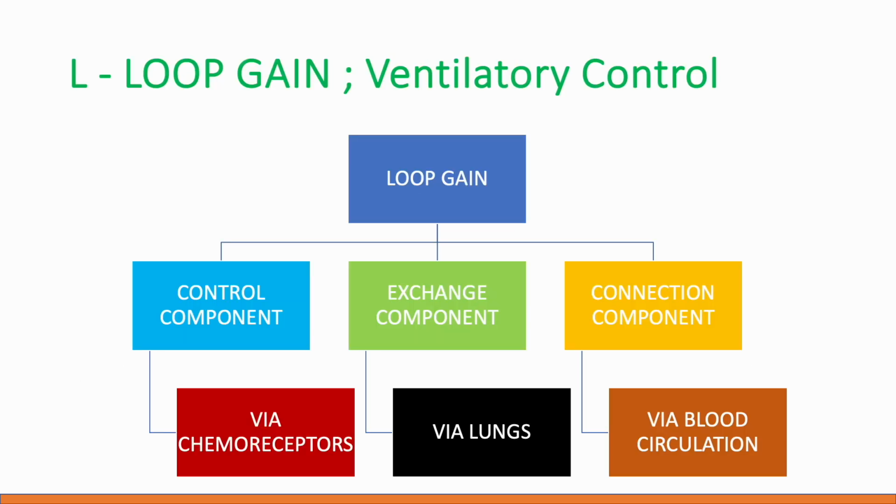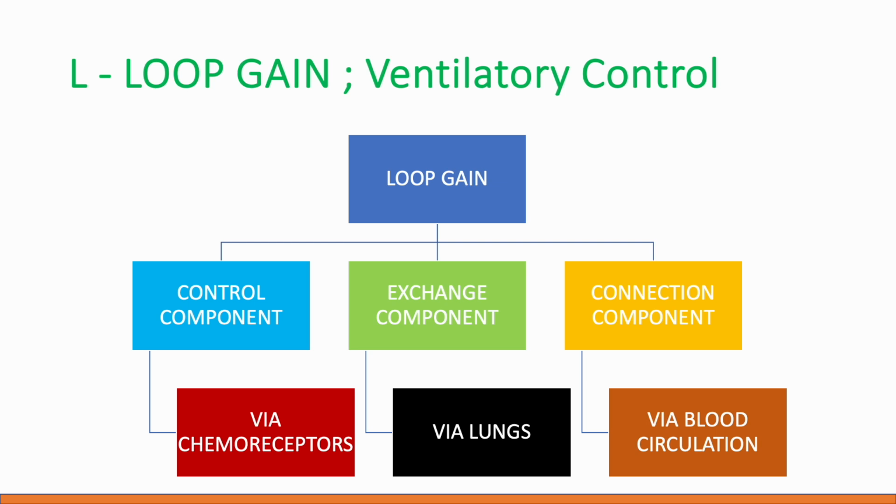Coming to the L of the PALM classification, the loop gain. Now, this refers to ventilatory control, that is the central control, but it also has three components. The loop gain can have a control component via the chemoreceptors, it can have an exchange component via the lungs, and it can have a connection component via the blood circulation.